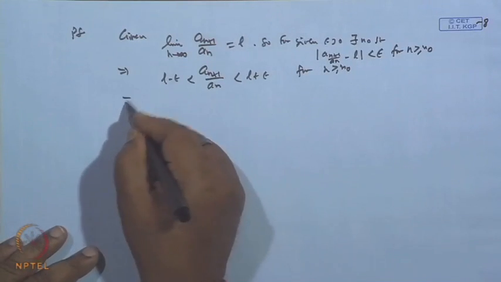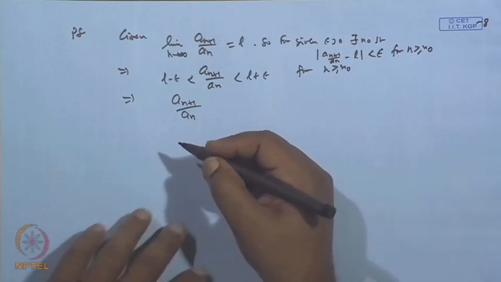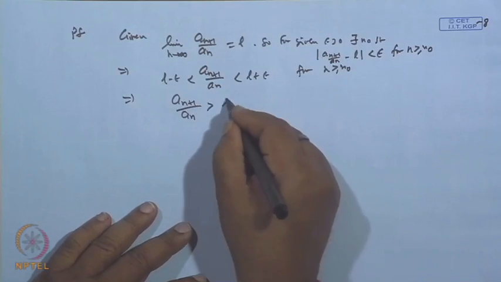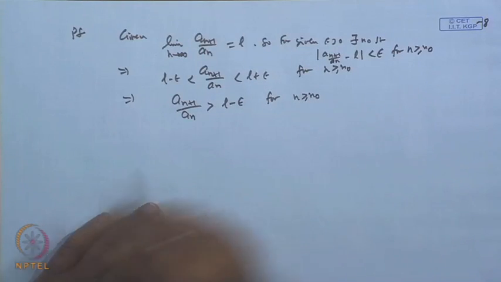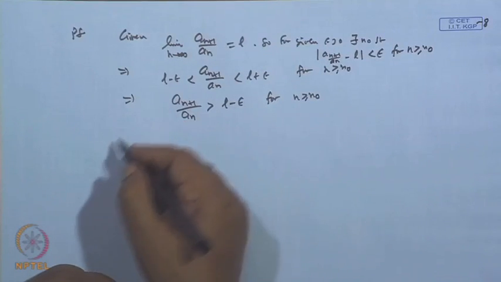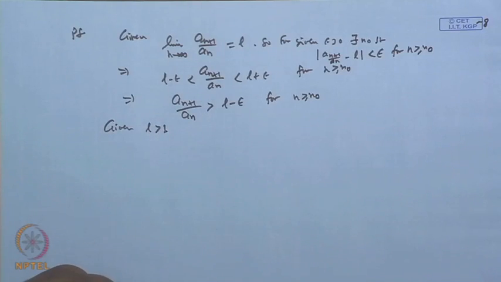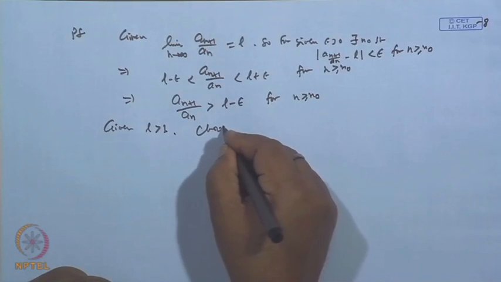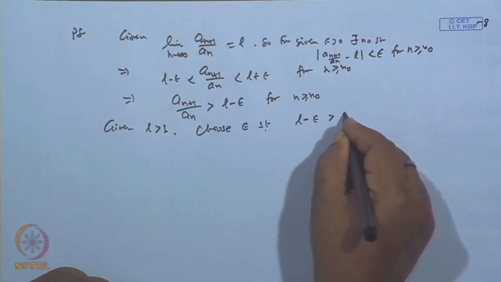So, this shows that a n plus 1 by a n is greater than L minus epsilon for n greater than or equal to n naught. Now, given L is greater than 1, can you not choose epsilon such that L minus epsilon is also greater than 1?